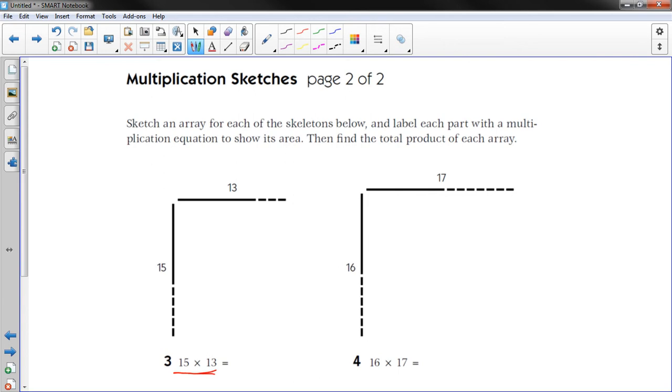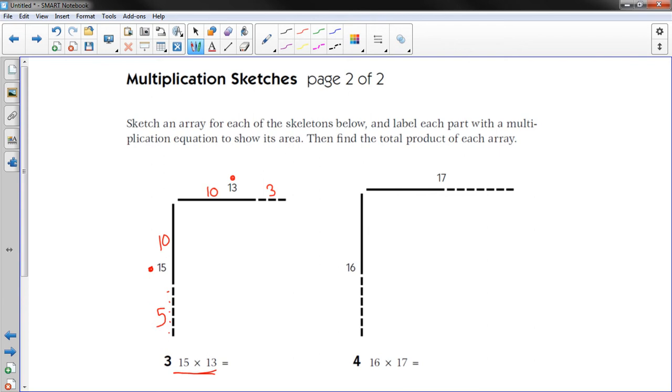And they already set it up for me. There's no more grid though, so we kind of have to imagine that. I think you guys can do okay with that. The 13, this is 10, this is 3. And the 15 on the side would be represented this way, 10, and there should be 5 of these.